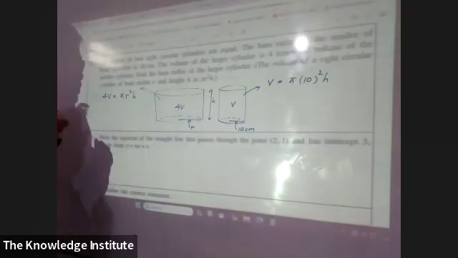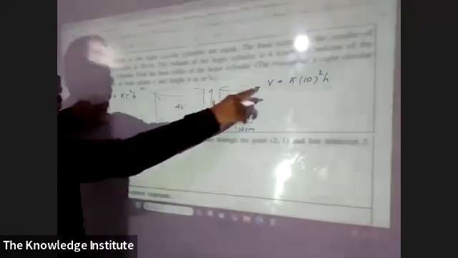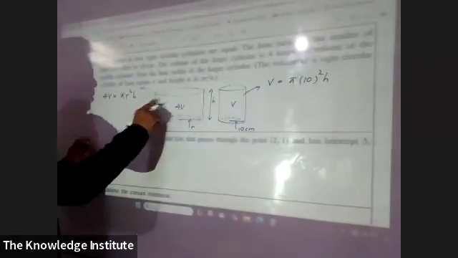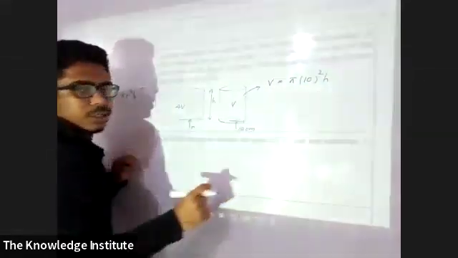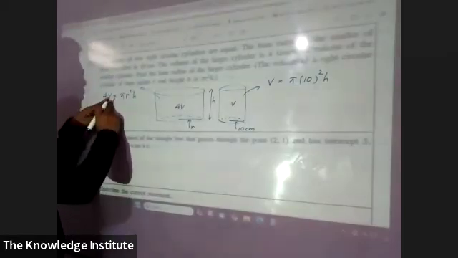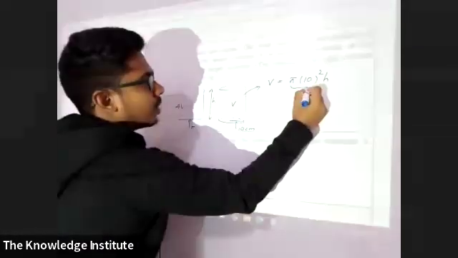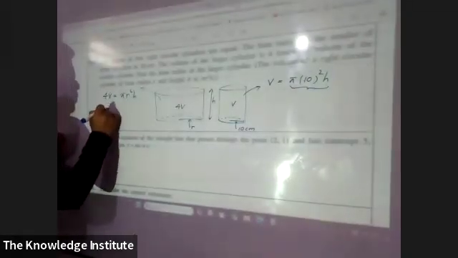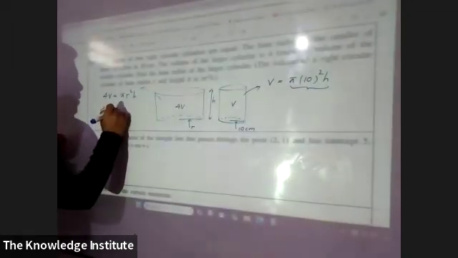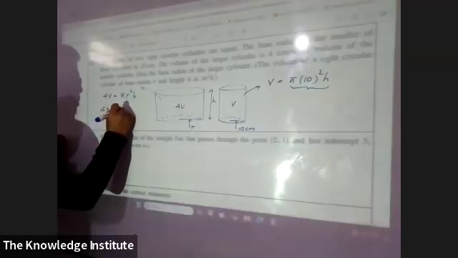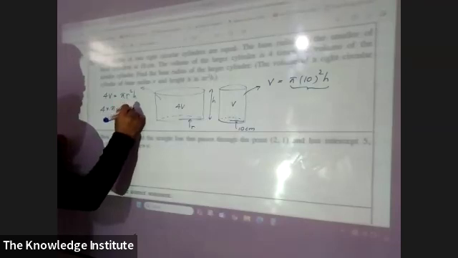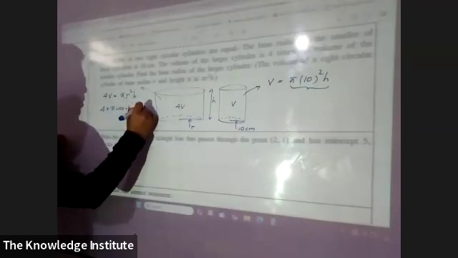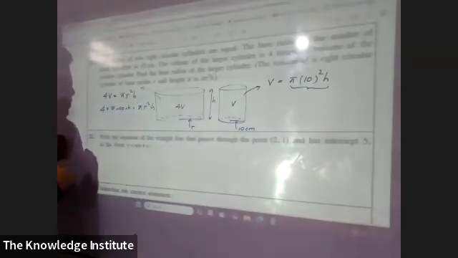So then what I can do is substitute for V. Either you can take this as equation 1 and this as 2, 1 divided by 2, or I can substitute. So instead of V, I can write this entire thing. 4 into V is 5 into 100 into H equal to 5 r squared.